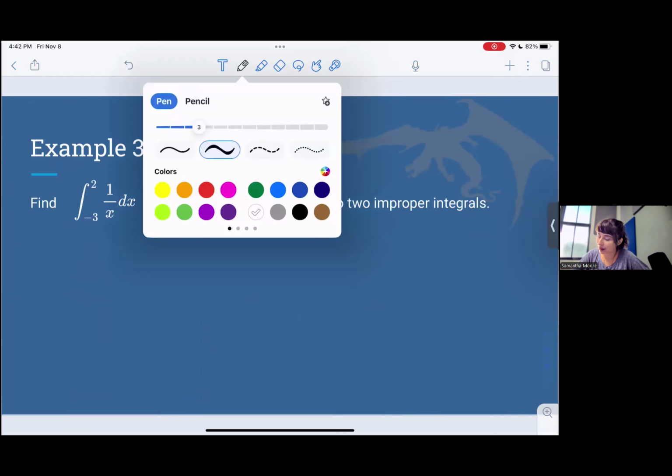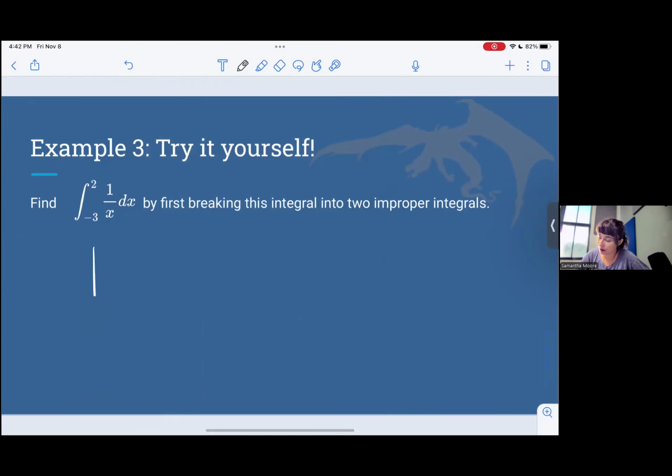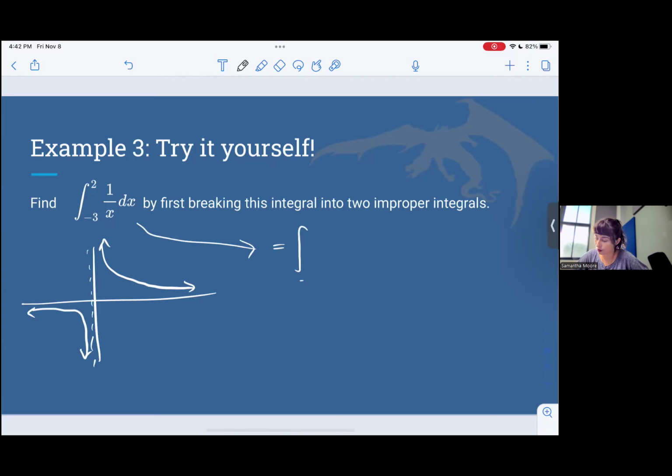But if we think about it and we graph that function, then we have a discontinuity at x equals 0. So what you'll need to do is think of this as two different improper integrals.